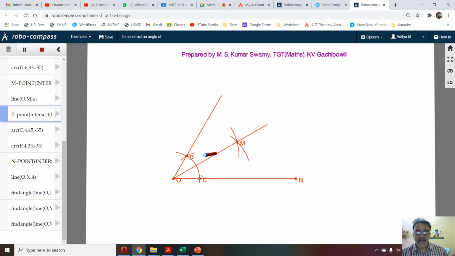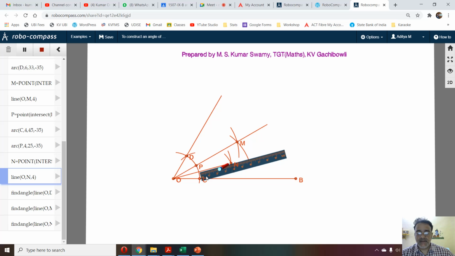Again, let this point be P. Now with center P and C we have to draw the angle bisector. So with center C we are drawing one arc, and with same radius with center P we have to draw. Both will intersect at point N. Let this point be N. Now we'll join ON. So this is the 15 degree.